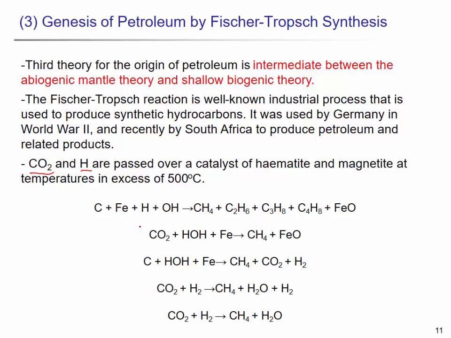So you have to have carbon dioxide and hydrogen, and the rock mineral can be a catalyst, and also with the high temperature, you may have the production of hydrocarbon.